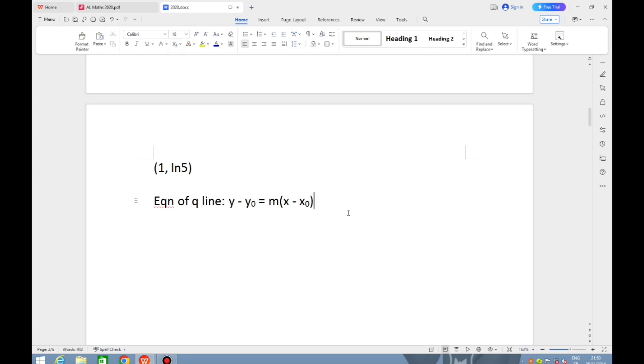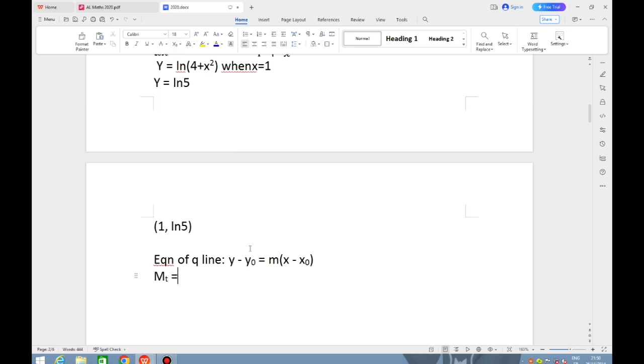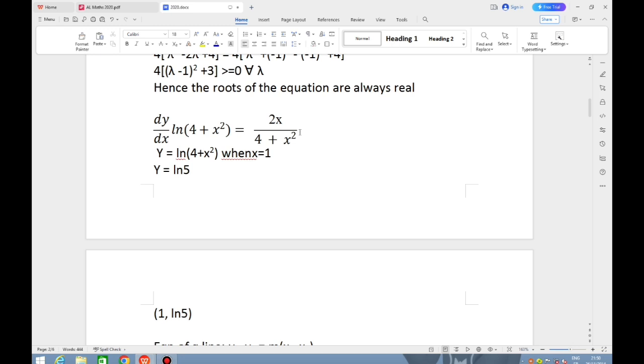Now in the case of finding the equation of the tangent, let's call the gradient of the tangent, say mt. For the gradient of the tangent, we simply have to differentiate the function y and substitute the values of x in it. Here I've already done the differentiation of y, which gave us 2x on 4 plus x squared.